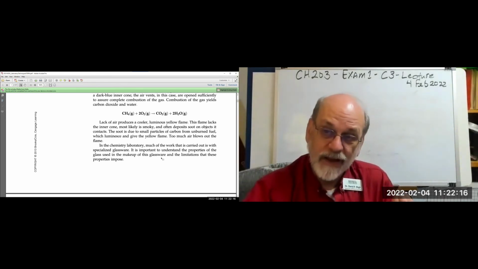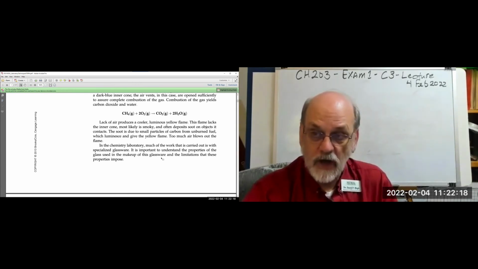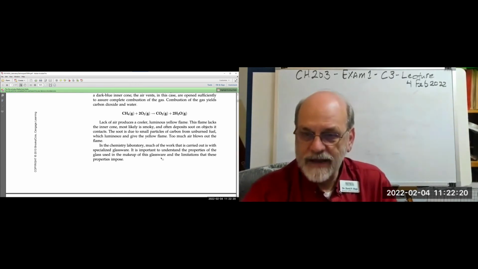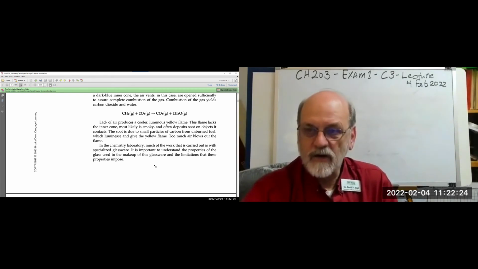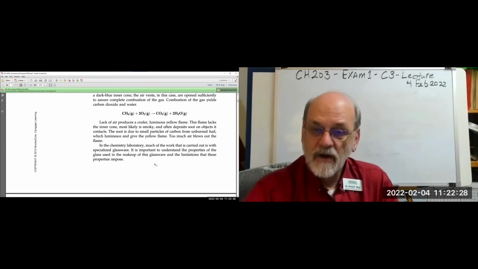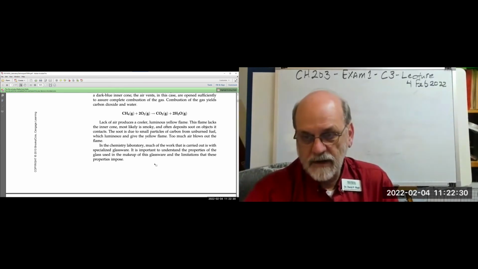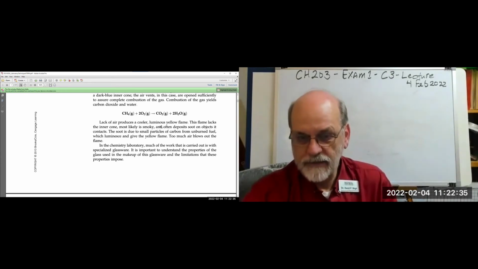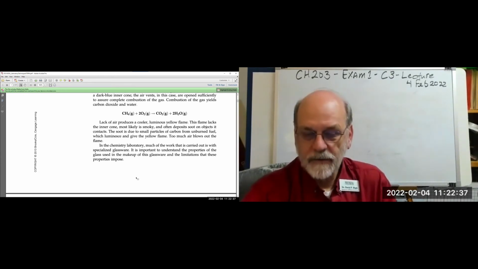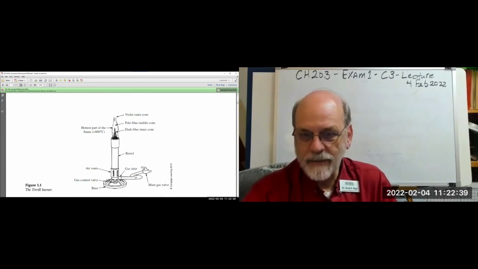The nature of the flame changes also. The color of the flame, the shape of the flame, the structure of the flame changes depending on whether it's properly adjusted for complete combustion or it's restricted and you get incomplete combustion. And there's a description here of that also. That's one of the things that you'll do in the lab.